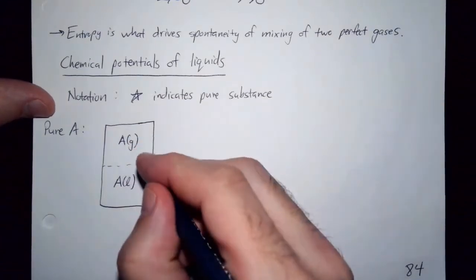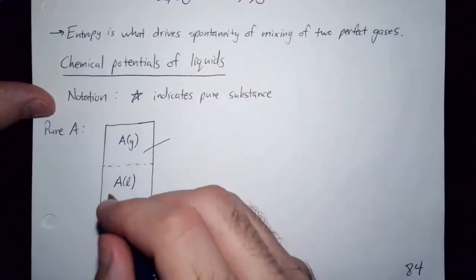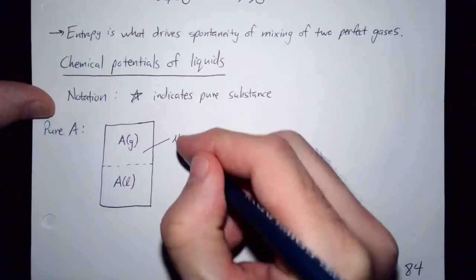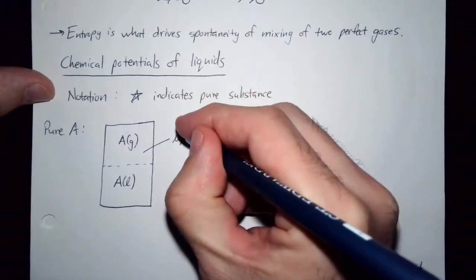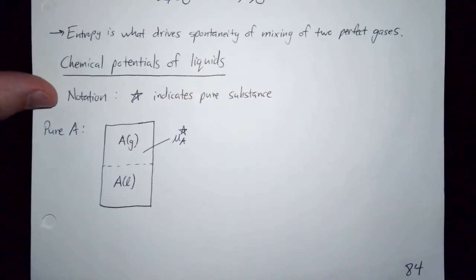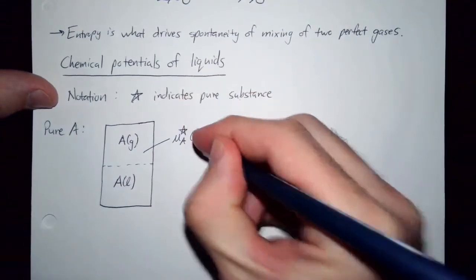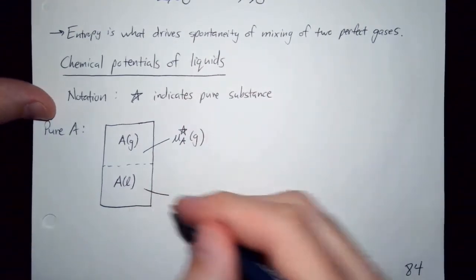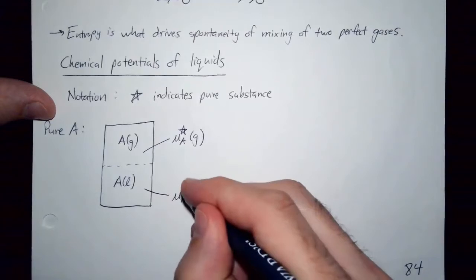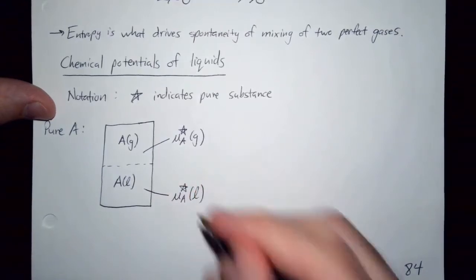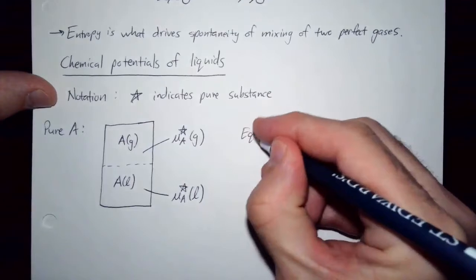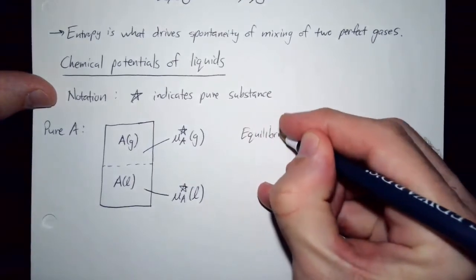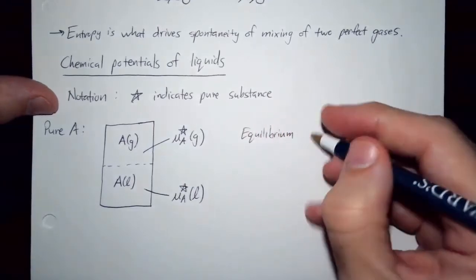So up here in the top portion, we have a chemical potential of substance A. And since it's a pure substance, I'm going to put a star. And that's the chemical potential of the gas. And down here we have the chemical potential of the liquid. And if these are in equilibrium, then that implies the chemical potentials are equal.